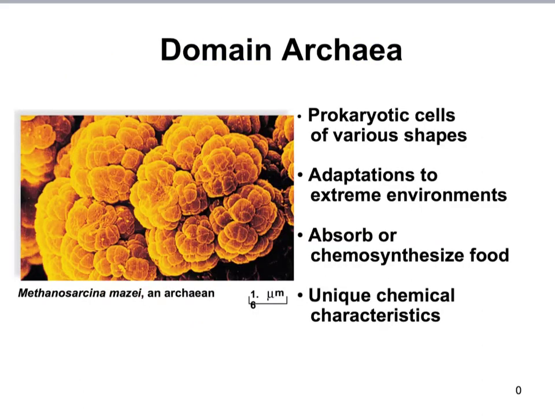We can look at a bit more detail of the domain archaea now. They are prokaryotic cells and they have a number of different cell shapes. As I said before, they've adapted to extreme environments. So very salty conditions, very cold or very hot environments.